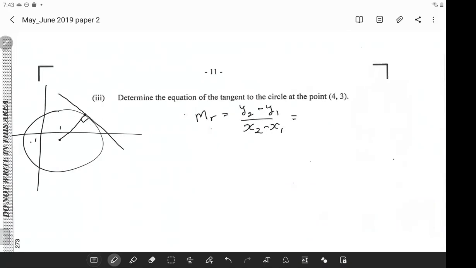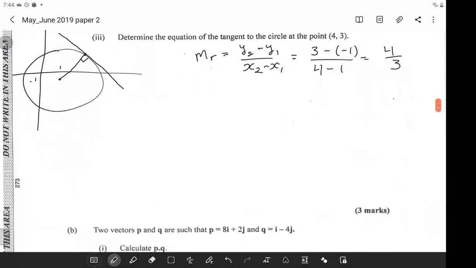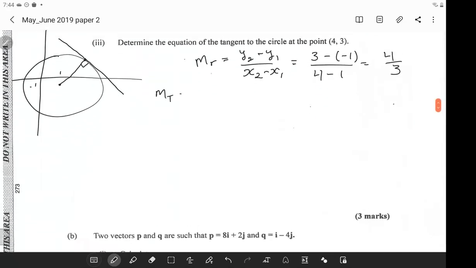So that's 3 minus -1, which is 4, divided by 4 minus 1, which is 3. So the gradient of the tangent would be -1 over mR, because it is perpendicular to the radius. So we get -3/4. We just flip it.